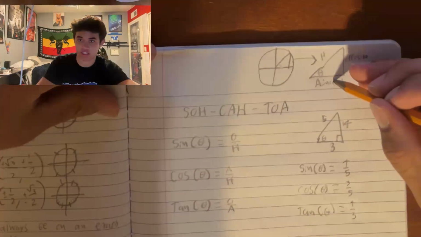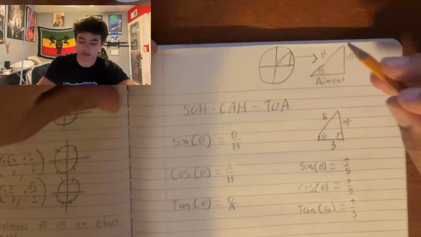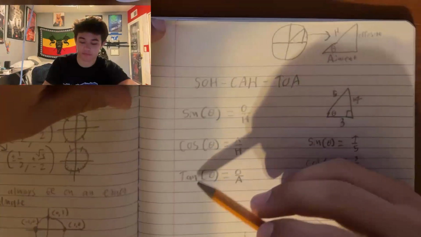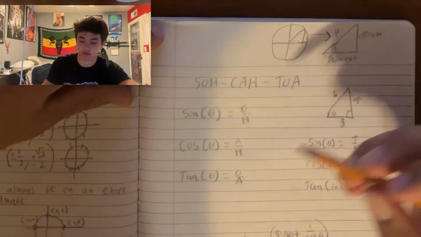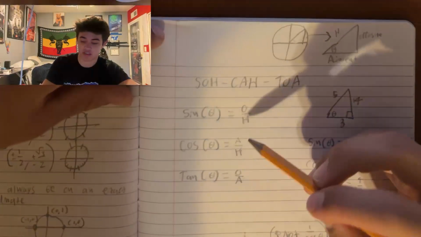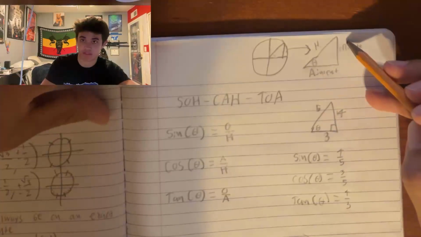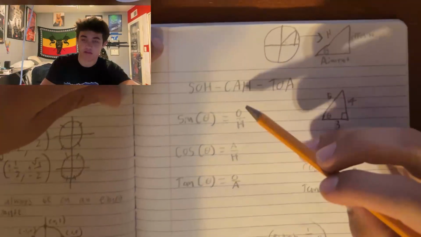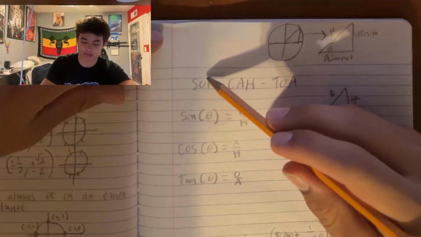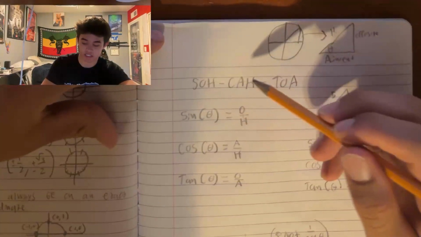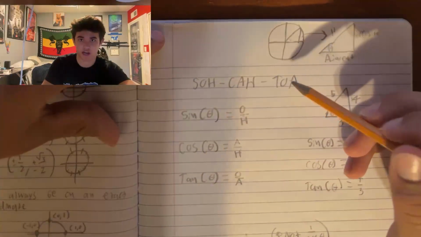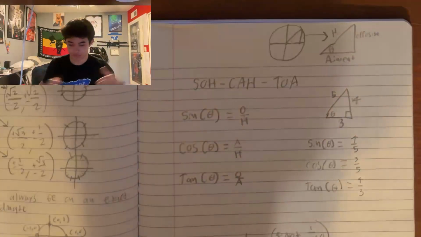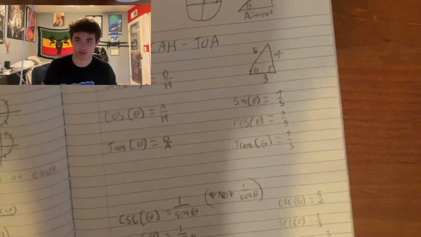Then tangent of beta is equal to the opposite over the adjacent. So sine opposite over hypotenuse, cosine adjacent over hypotenuse, tangent opposite over adjacent. Boom. So let's put numbers to it now.